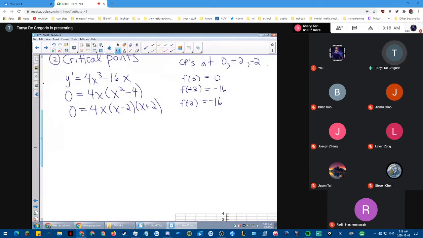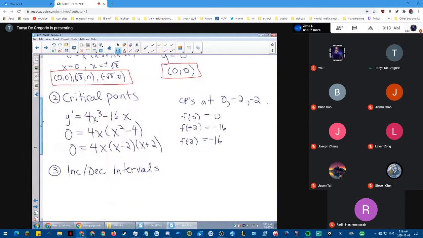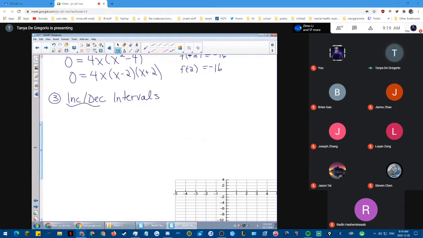So now I want to find my increasing, decreasing intervals. So I want to basically find out whether or not these are maxes or mins. Okay, so what do I do? To find my increasing, decreasing intervals, what do I do? Yep, interval chart.